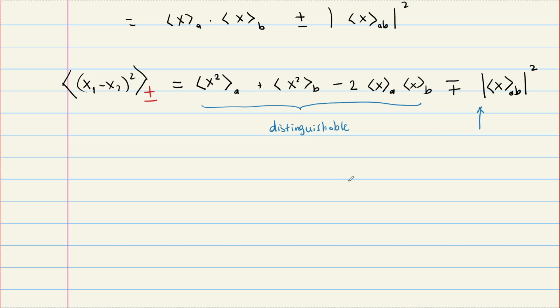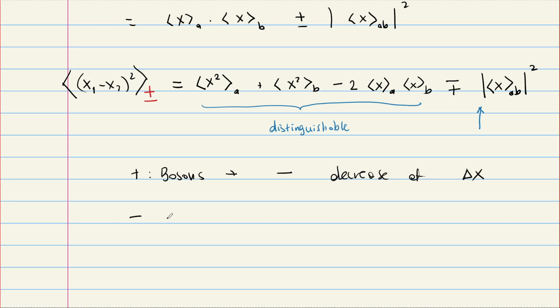And the sign, right? The plus case was for bosons, upper sign was for bosons, lower sign was for fermions. So for bosons, we get a minus sign here, and that means the distance between the particles is reduced, a decrease of delta x.